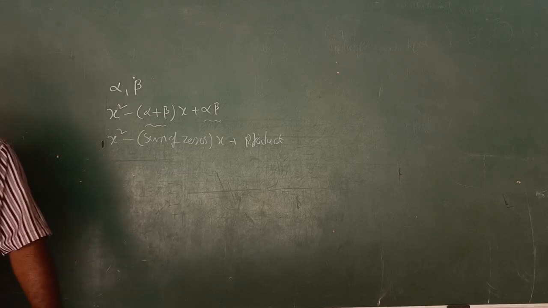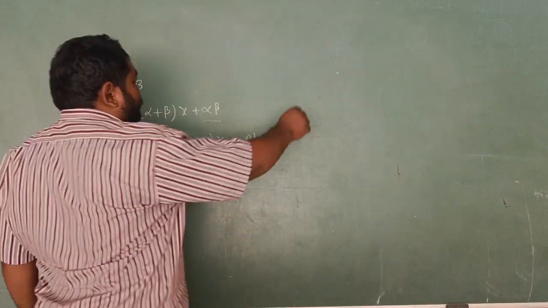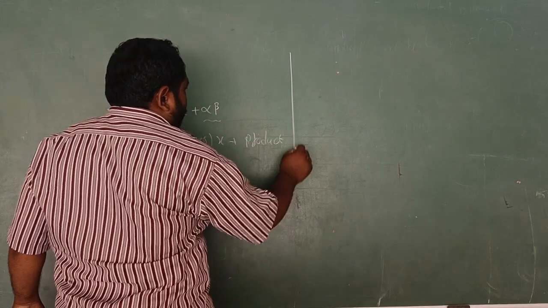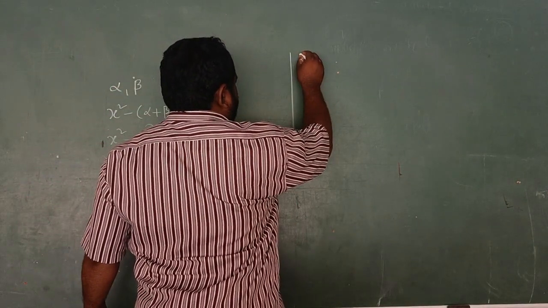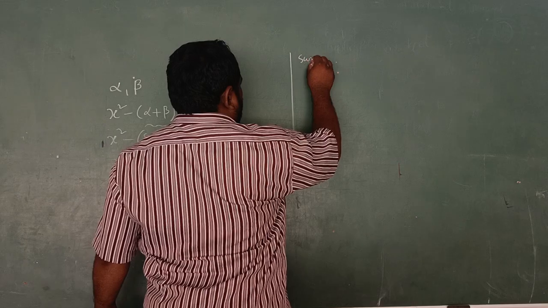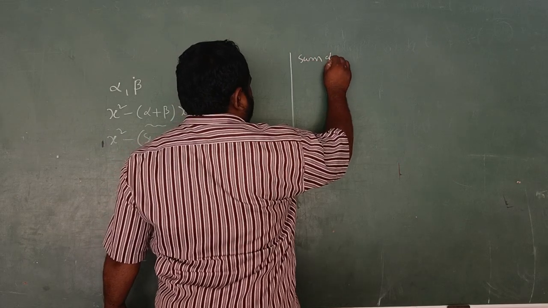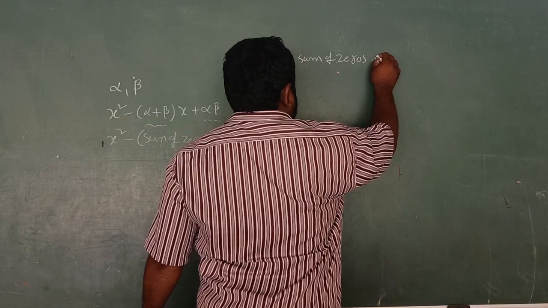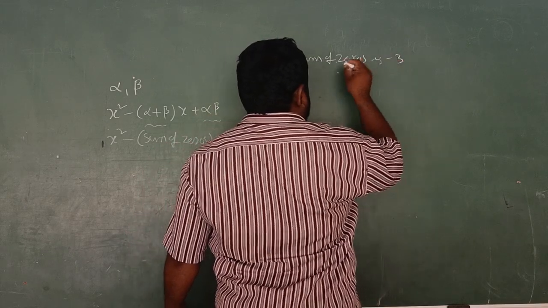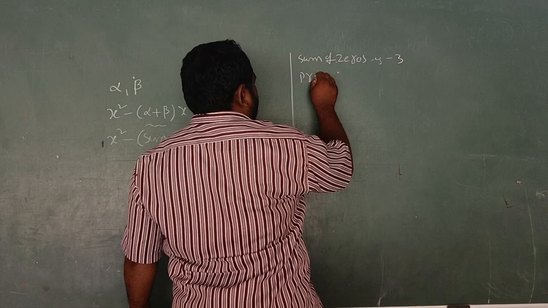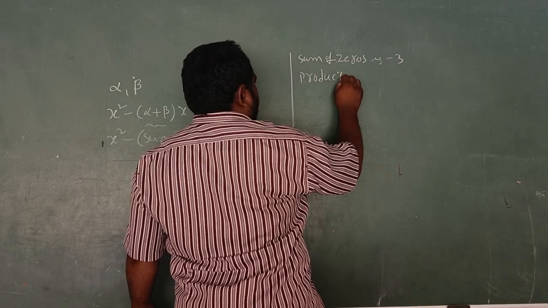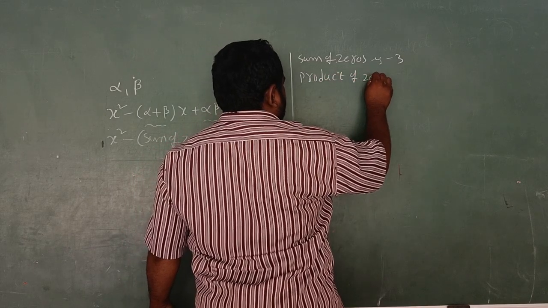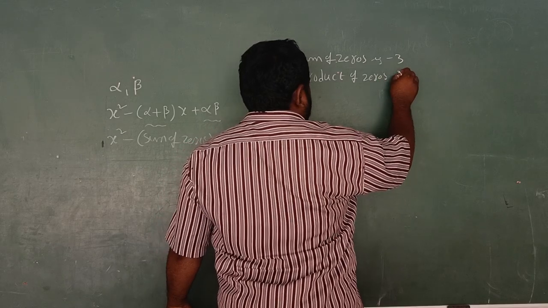Find the quadratic polynomial. The problem is: the sum of zeros is -3 and the product of zeros is 2.